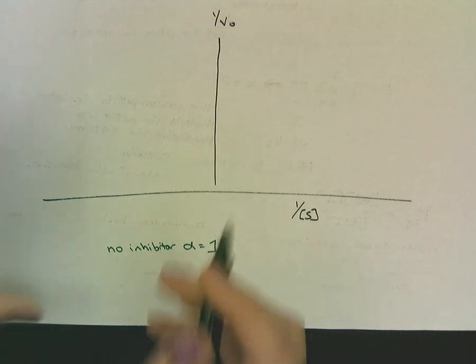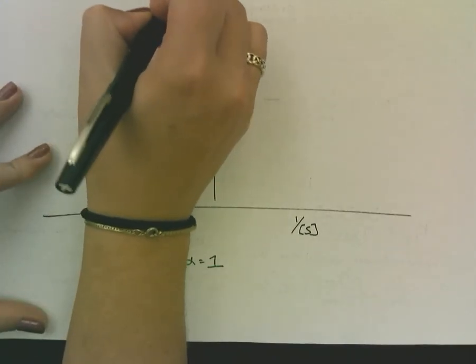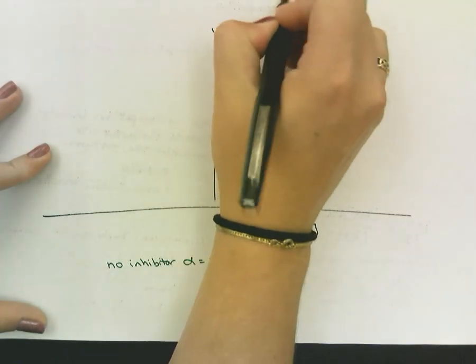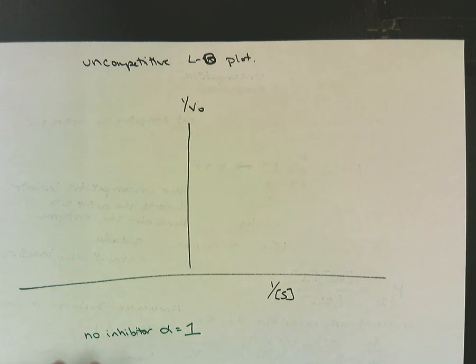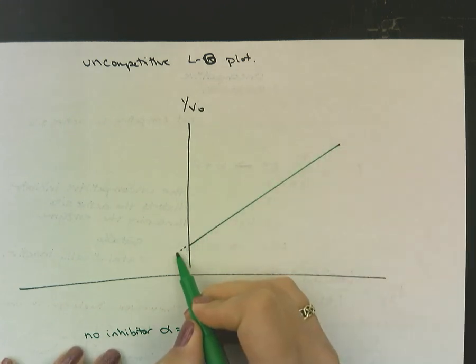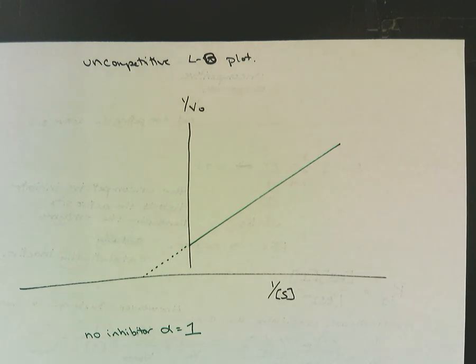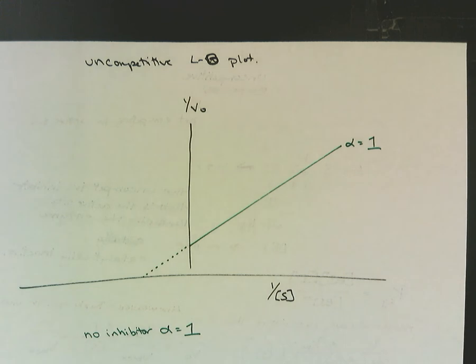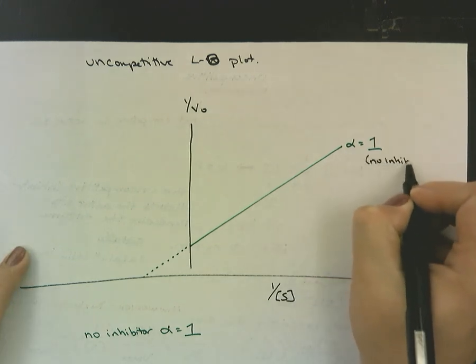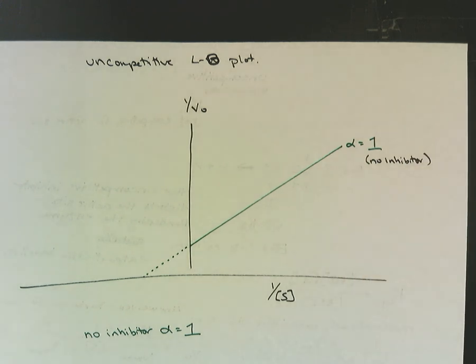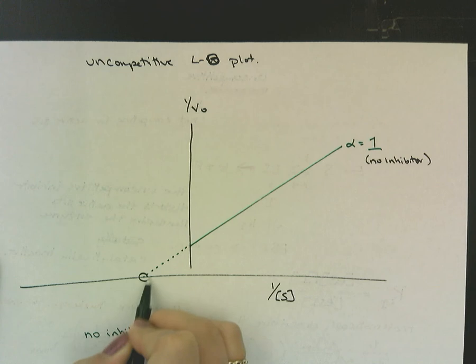So I'll label this at the top, uncompetitive. So the uncompetitive Lineweaver-Burk plot. It's an LB plot. My B is kind of funny looking. So that's my uncompetitive Lineweaver-Burk plot, starting off with alpha equal 1, which is no inhibitor. That's about right there.